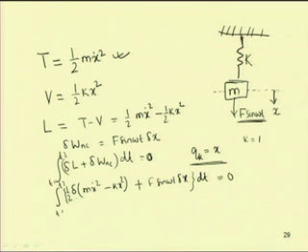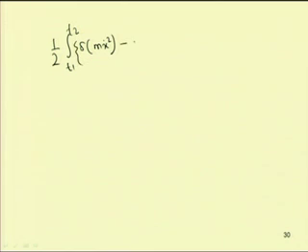Taking the half outside and separating the terms, this is del of m x dot square minus del of k x square plus F sin omega t into del x, dt.